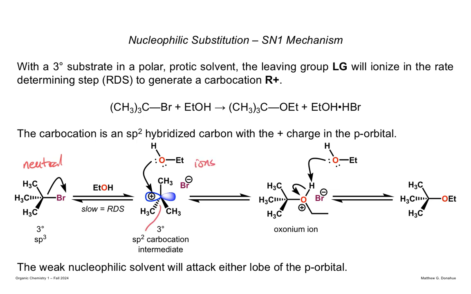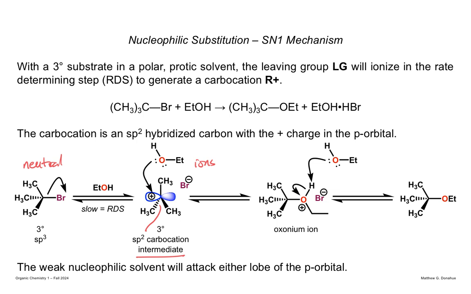Because it's a carbon with a plus charge, it's called a carbocation. And then you have the bromine, Br minus, bromide ion. That's higher in energy. This is called an intermediate. So that's not a transition state. It lives a little bit longer.